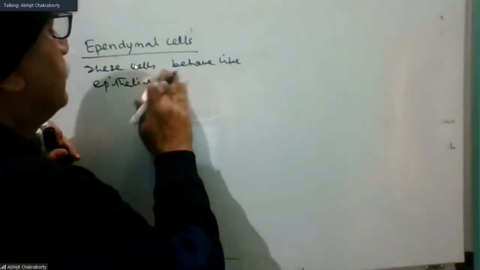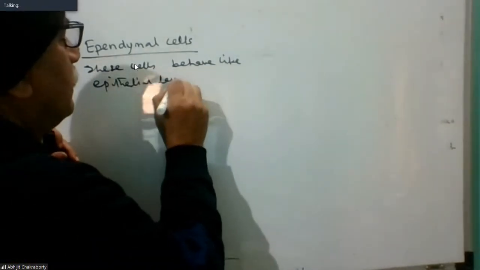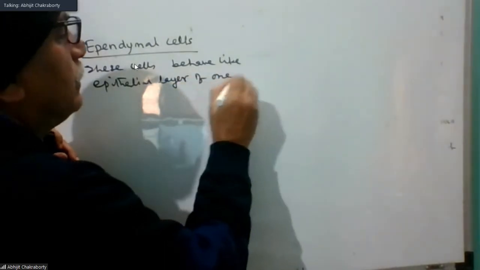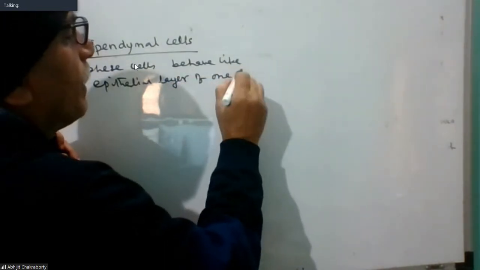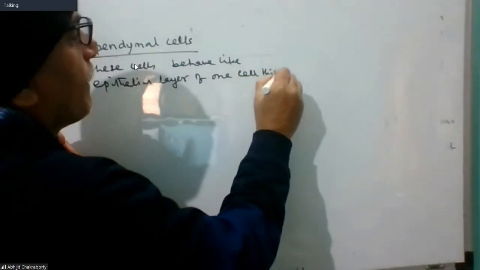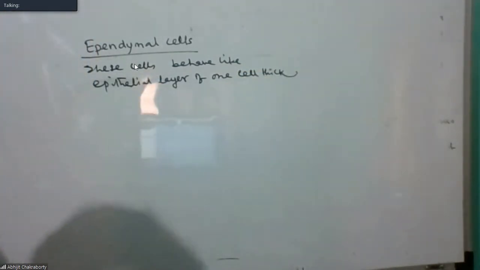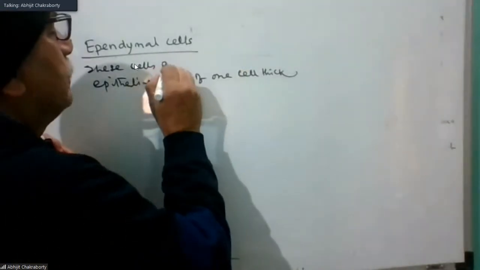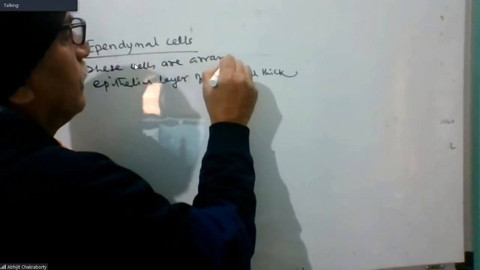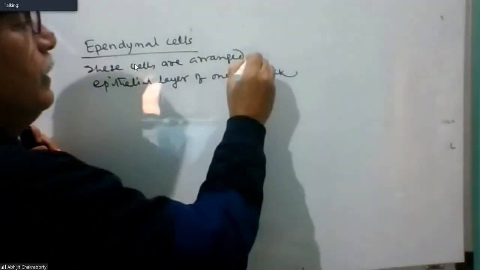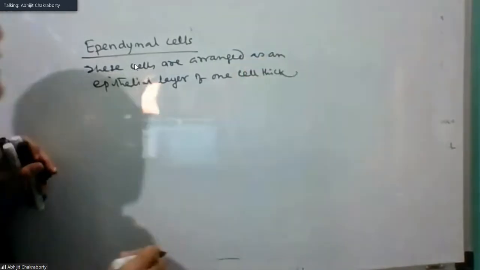Clear? And found lining the cavity of brain and central canal. Epithelial layer of one cell thick. Like the cells are arranged as an epithelial layer of one cell thick.